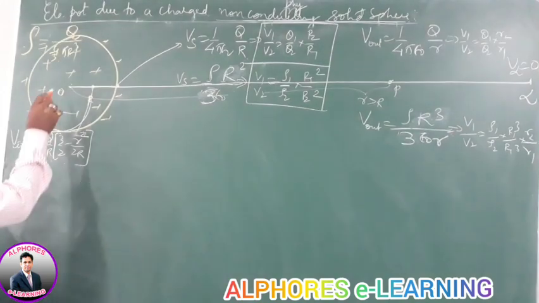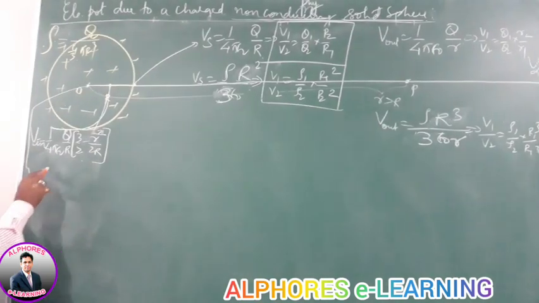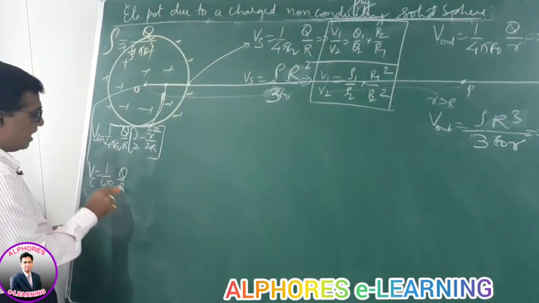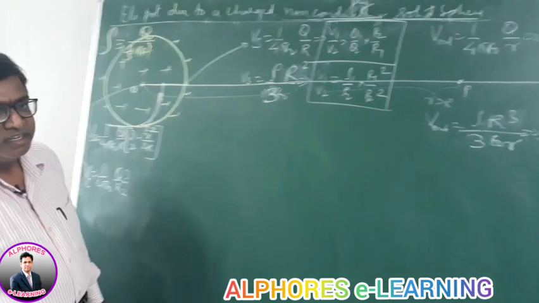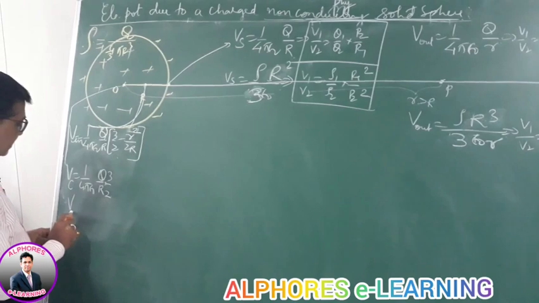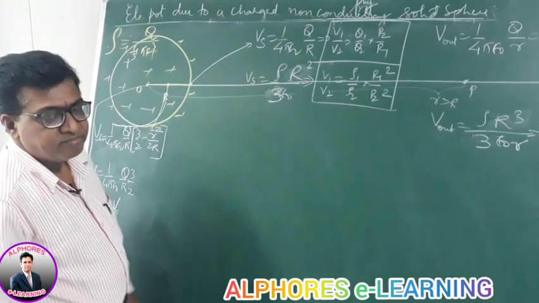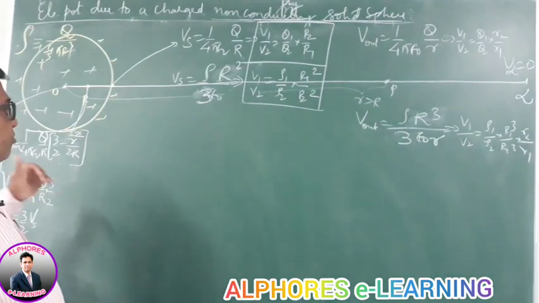Well, potential at the center. V center is 1 by 4 pi epsilon naught Q by R into 3 by 2. It's 3 by 2 times. Potential at the center is 3 by 2 times the potential on the surface. This way you can find the potential at different points.